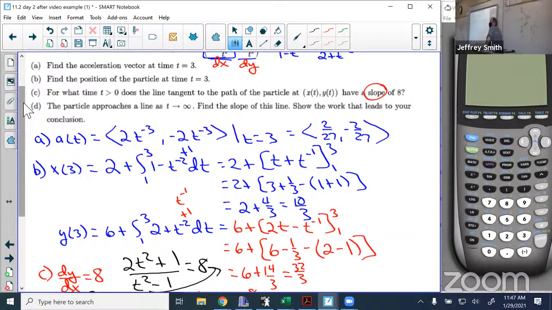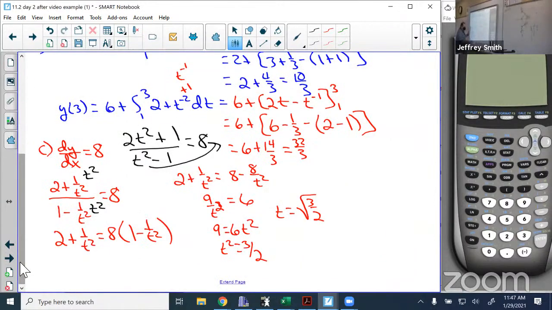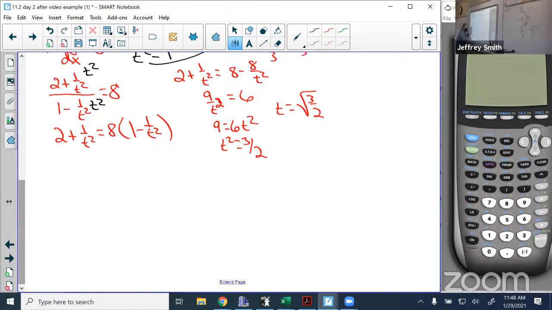What do you think of when you hear slope? Anything? Does anything come to mind as far as calculus is concerned? dy over dx? Yeah. Right? And we have the dy over dx right there, and we're approaching infinity. What does that suggest to you, approaching infinity? Limit, right? Yeah, limit. So letter C, I'm way out of room here.